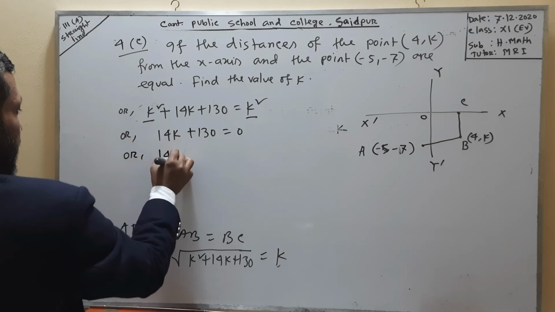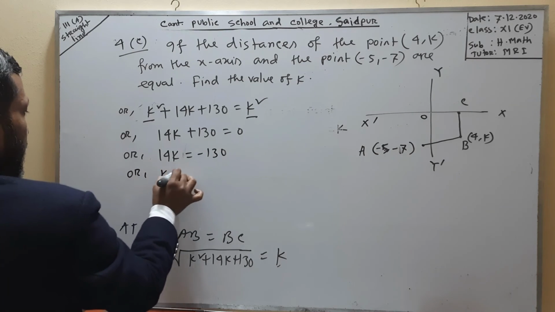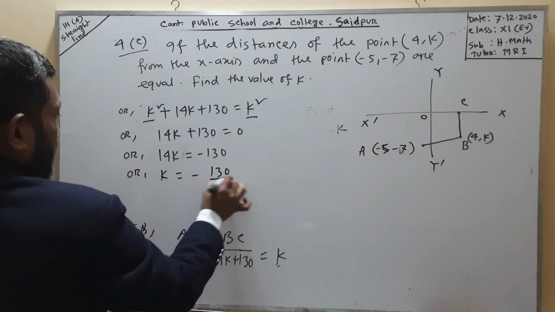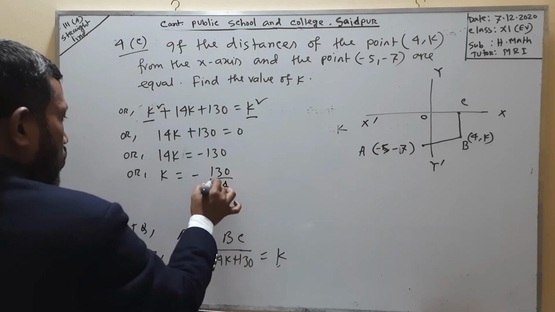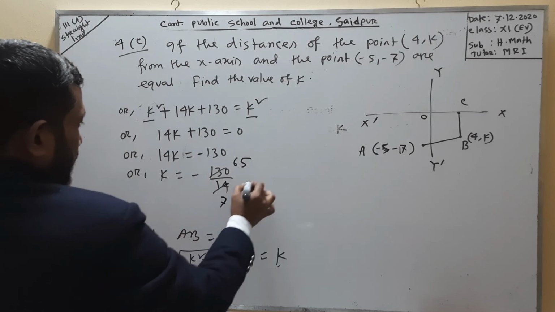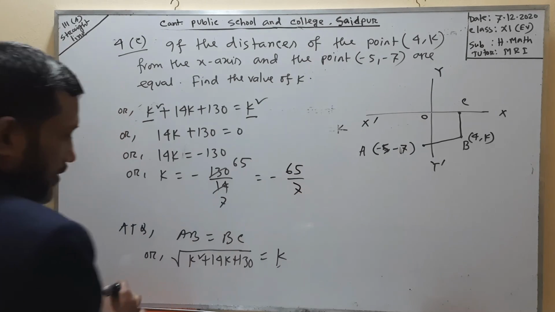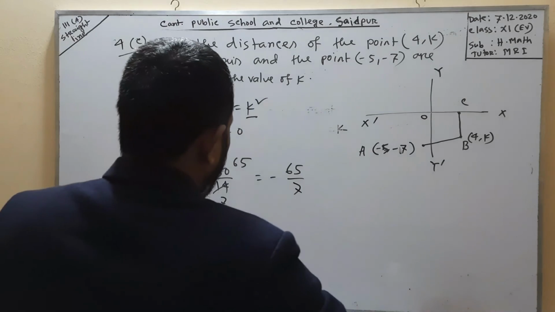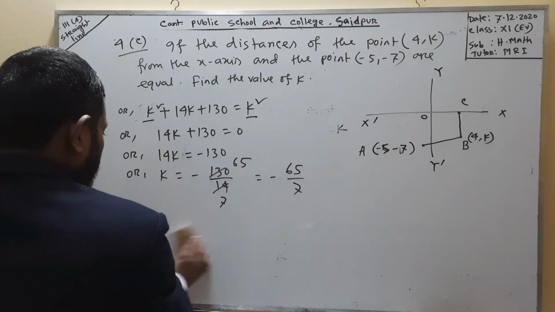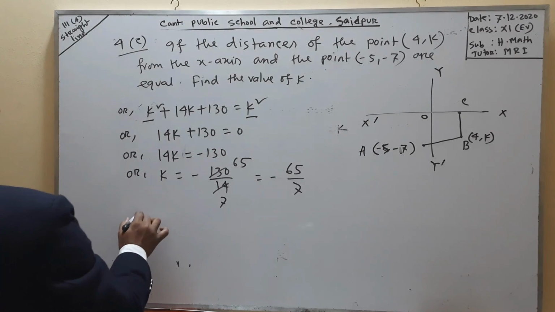Therefore 14k is equal to minus 130, or k is equal to minus 130 by 14. This will be minus 65 by 7. The value of k is minus 65 by 7.